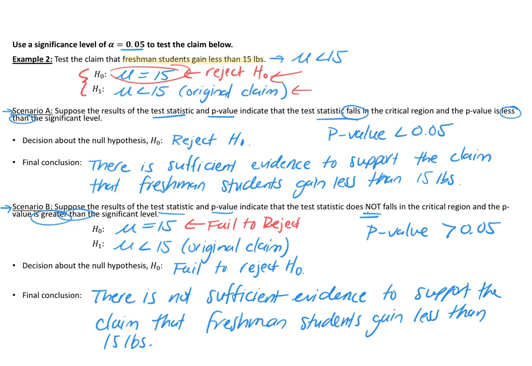And again, if you stop and think about this for a second, it makes a lot of sense, right? We're testing the claim that freshman students gain less than 15 pounds, but the results of our study say that we should fail to reject the null hypothesis, meaning that this is still a possible value for mu. So our evidence does not support the alternative, which also happens to be the original claim. So we say there is not sufficient evidence to support that original claim.